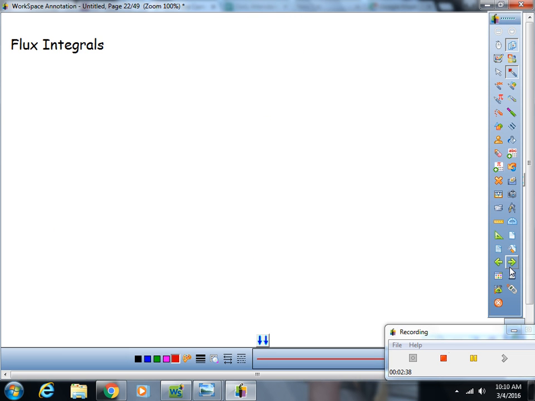All right, so now we're going to get into our equation for a flux integral. In general, we will write the flux integral of a surface as the sum of the force of the fluid. So that is the velocity that the fluid is traveling through a region.